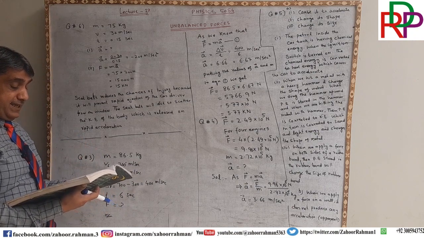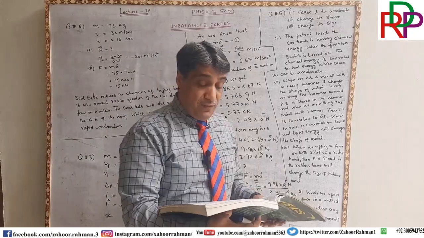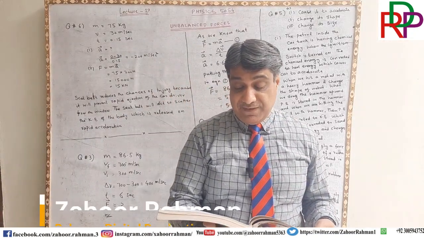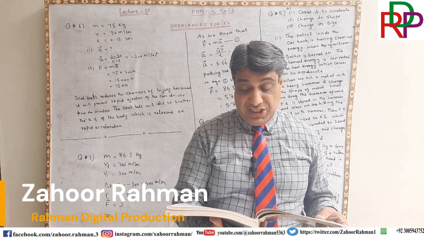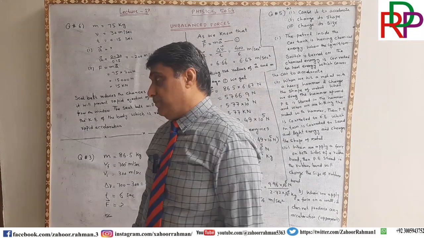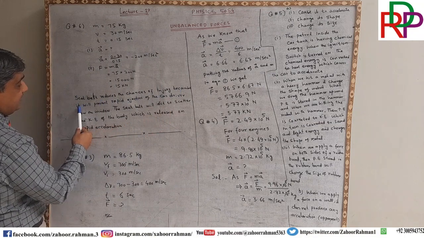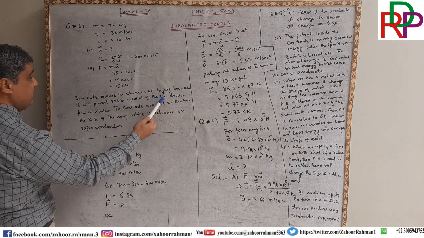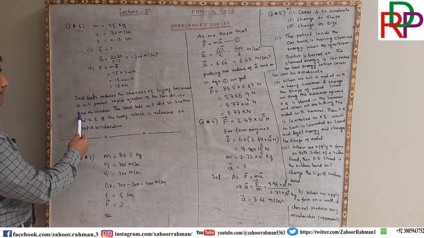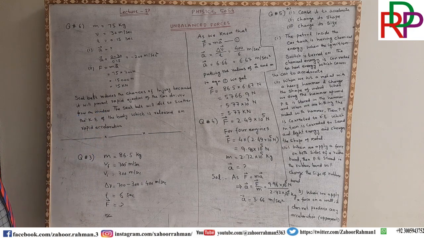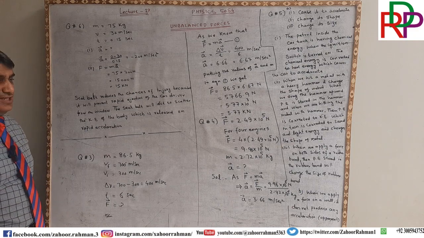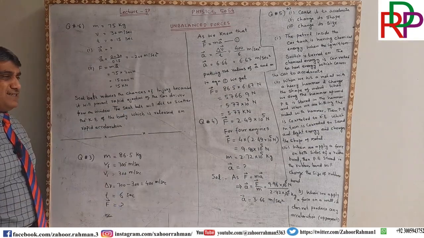Okay, another part is saying explain why the wearing of a seat belt could reduce injury to a car driver. So seat belt reduces the chances of injury because it will prevent rapid ejection of the car driver from the window, which can cause certain death or severe injury. Why? Because the body is having kinetic energy when the car is moving fast.